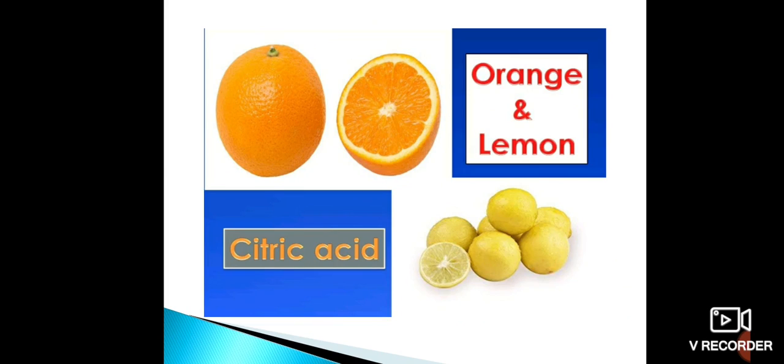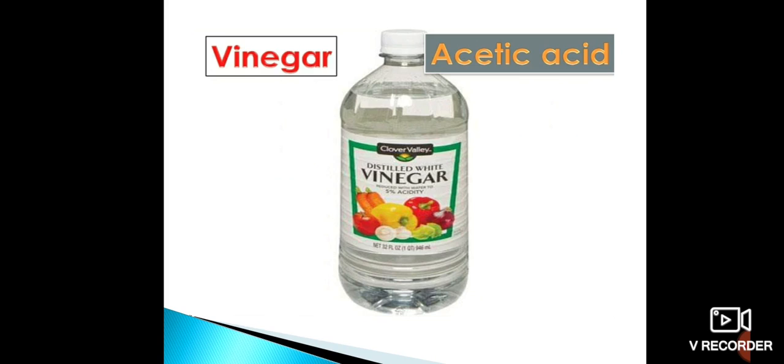I would like to inform you about the different acids present in different products. So observe the picture and information. In orange and lemon, citric acid is present. Vinegar, have you seen this vinegar, dear children?